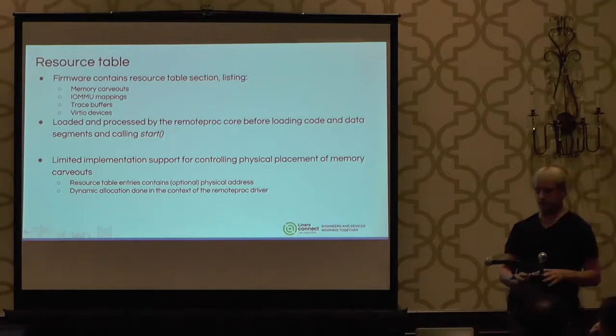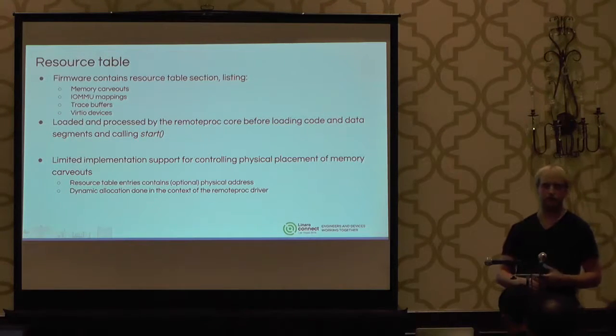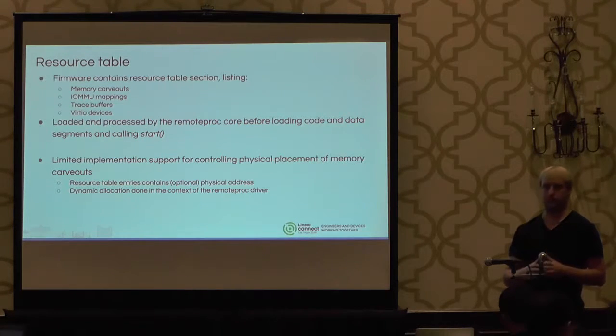So the ELF loader and the core in collaboration load this resource table, set up all these resources, and then call start in your driver. One of the things we have here is that up until now it's been fine with just listing what kind of memory regions and size that we need.